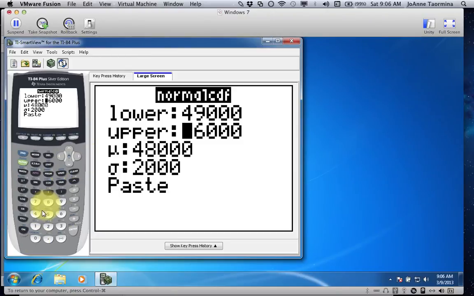And the upper, which is the value on the right, is 100,000, positive infinity. So it always is smaller value for the lower, larger value for the upper. That's the way it will always be, no matter what kind of question we're doing. The mean stays at 48,000. The standard deviation is 2,000, and we paste it.